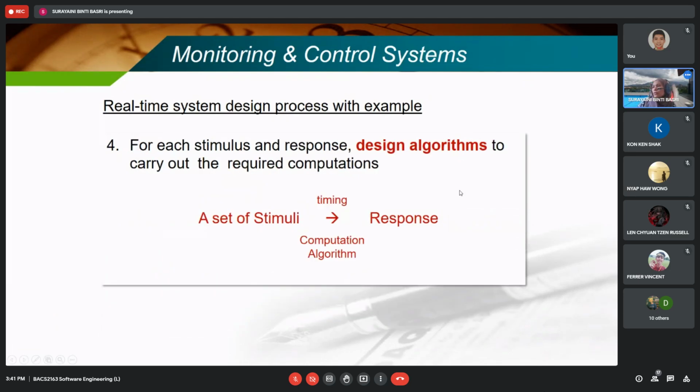So after that, the fourth stage is to design the algorithm for a set of the stimuli and its response, together with the timing, plus how it should be carried out using code.